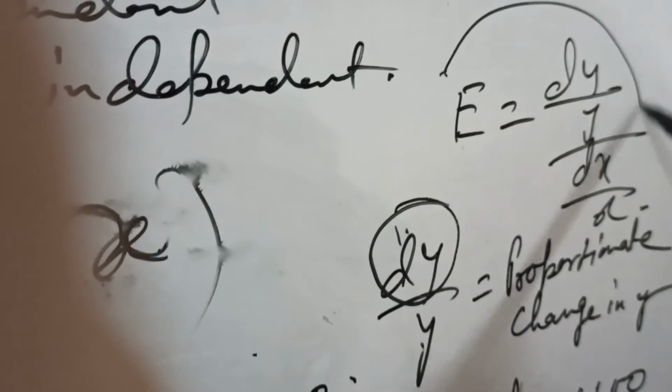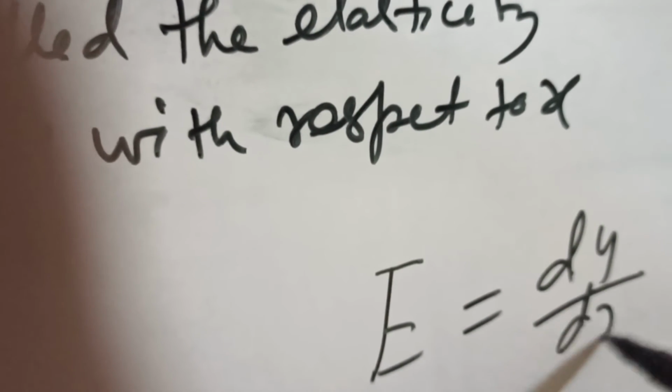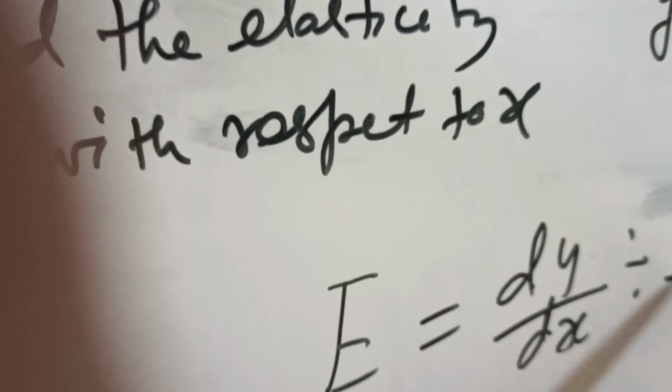Now, the expression of elasticity: we can write E equal to, where E represents elasticity, dy by y divided by dx by x, which implies dy by dx divided by y by x.